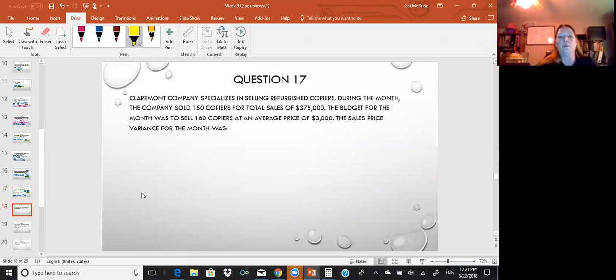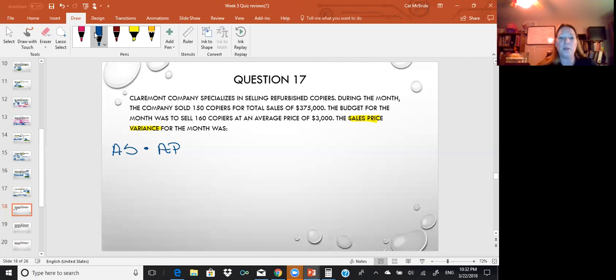Oh, we'll use the formula for this one. For this one, we want to figure out the sales price variance. So we're going to use our formula. For our formula, we need to figure out our actual sales times our actual price. Claremont Company specializes in selling refurbished copiers.